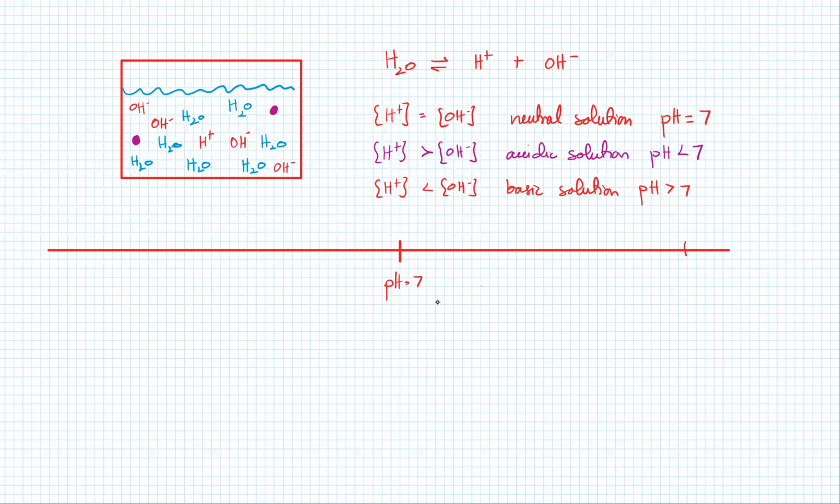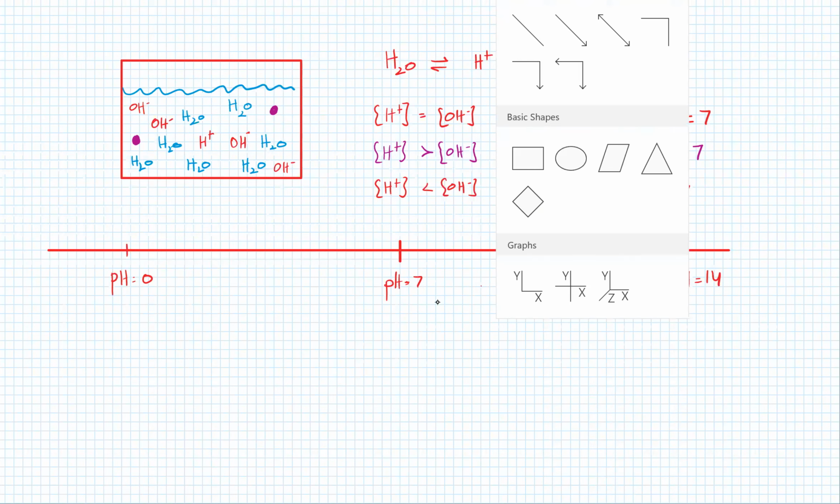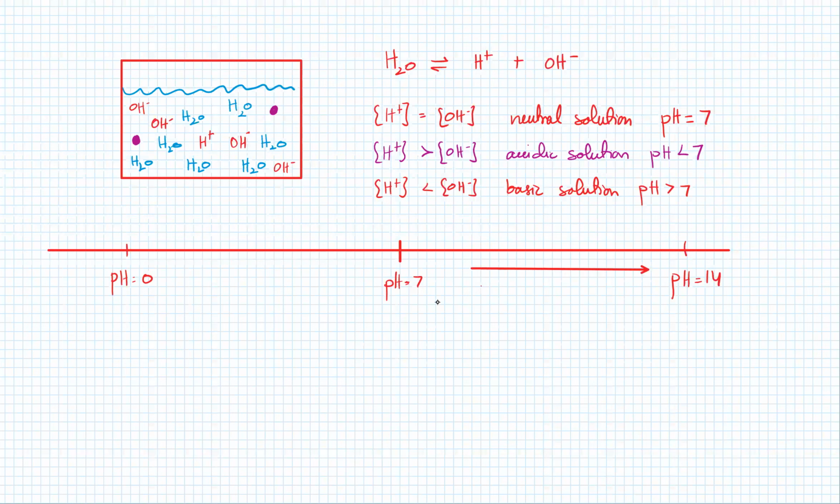Let's say this is 14, this is pH 7, and this is pH 0. We're going to talk about what pH is later on. If you move in that direction, that's going to make things alkaline or basic.